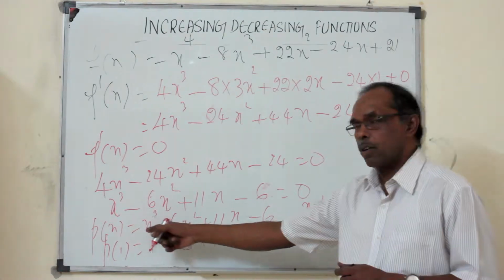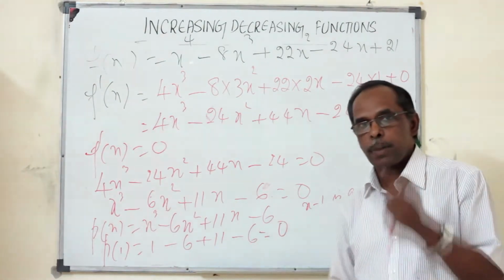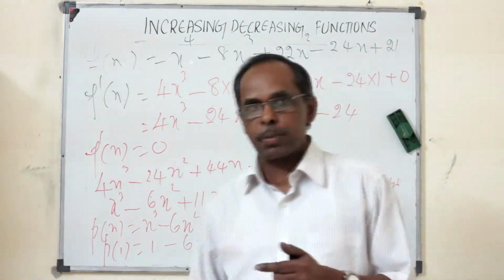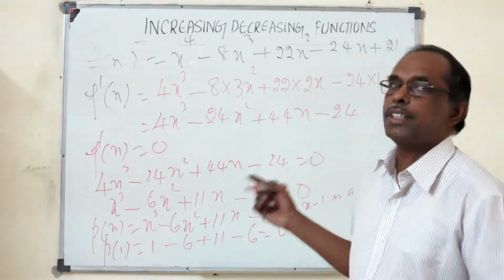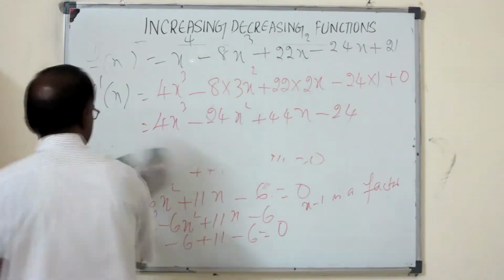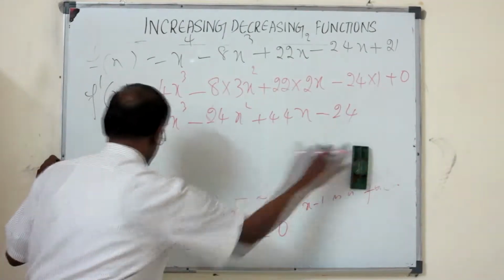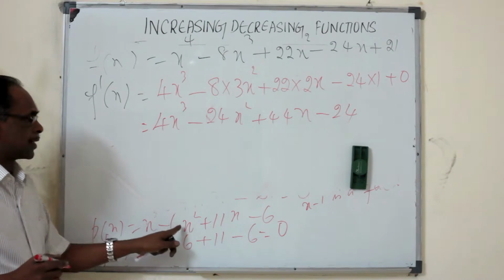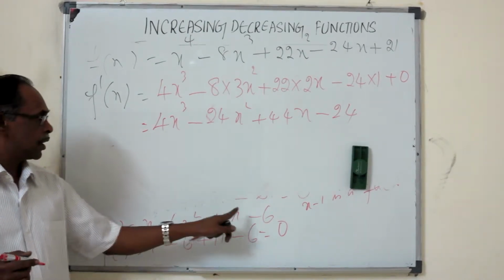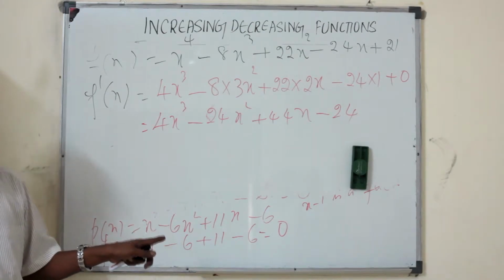So now divide this polynomial by x minus 1. I can explain two methods. One is the long division method, or you can use the synthetic division method. Taking x cubed minus 6x square plus 11x minus 6, I will explain by using the synthetic division method.